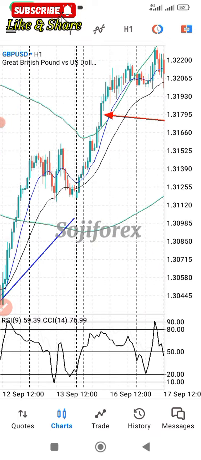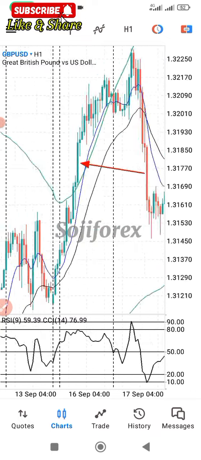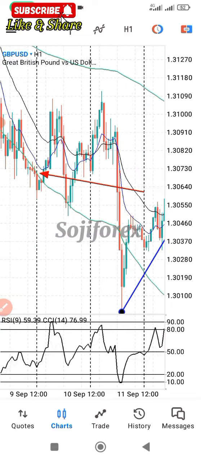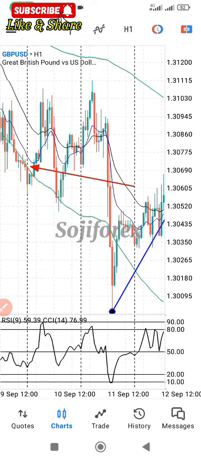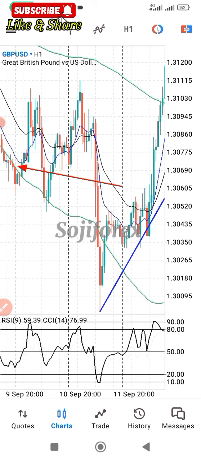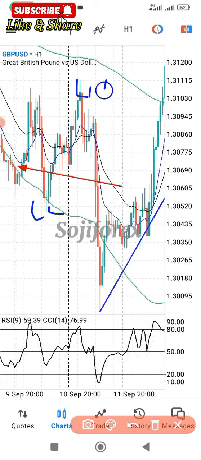So I can determine my trend in 2 ways. First, I can do it based on structural points. If I'm doing that, I can see the price is making a lower low and a lower high and a lower low. So what that implies to me is that this here now is my last lower high.